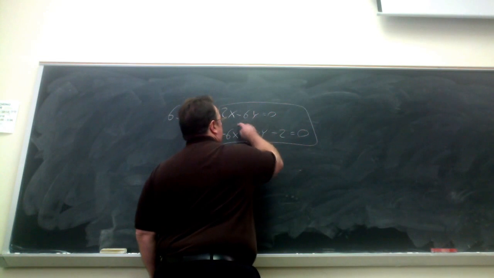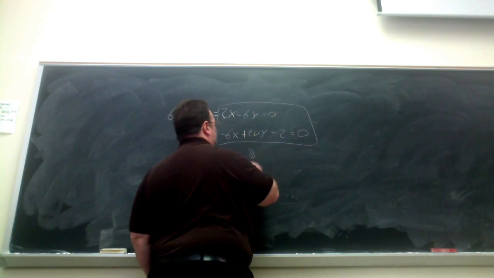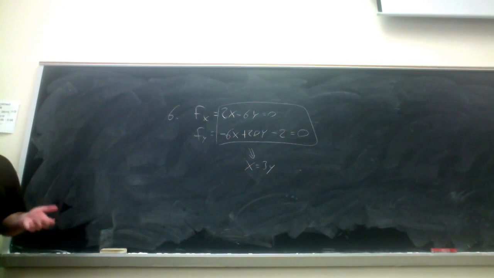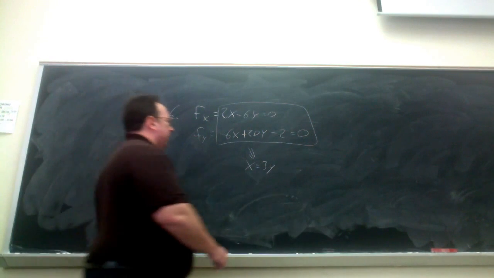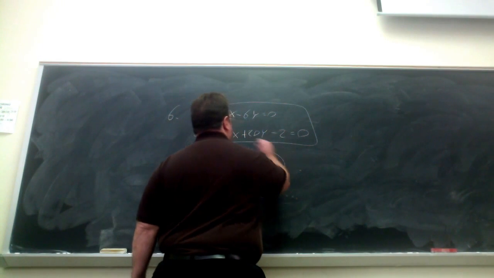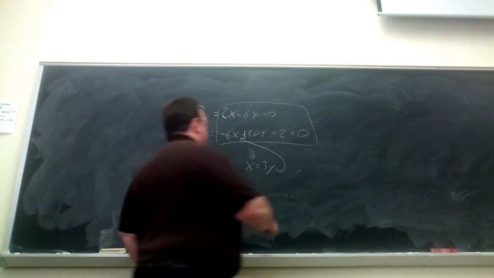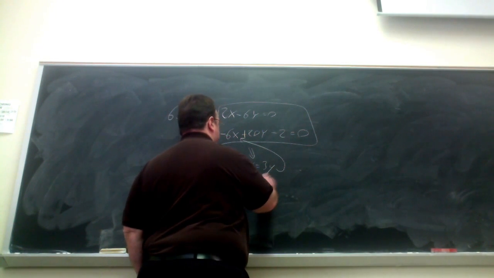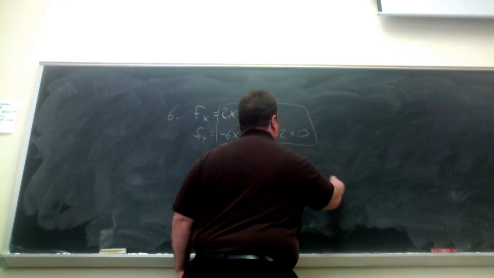What you can get from these equations: you can simplify this one and you get x equal to 3y. That doesn't give you values of x or y specifically, but at least it gives you an easy relationship between them that you can now substitute in here. That gives you minus 6 times 3y plus 20y minus 2 equal to 0.